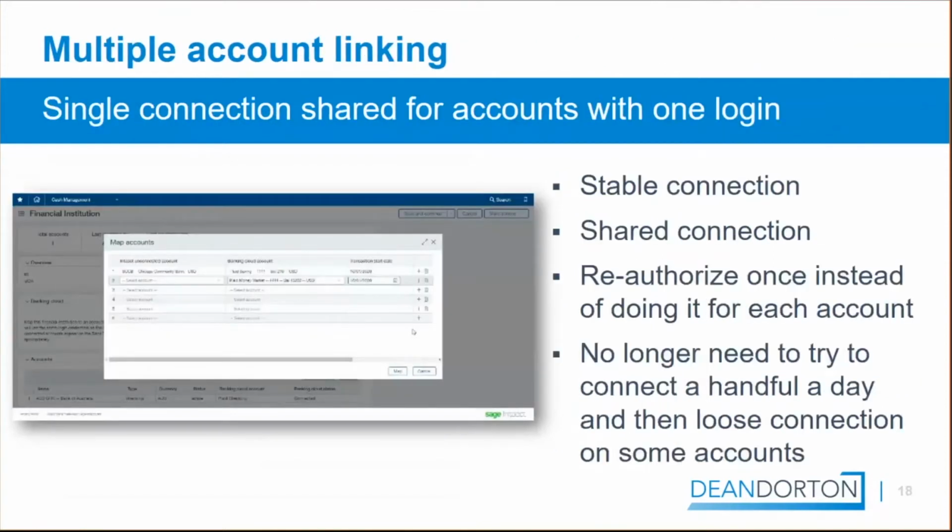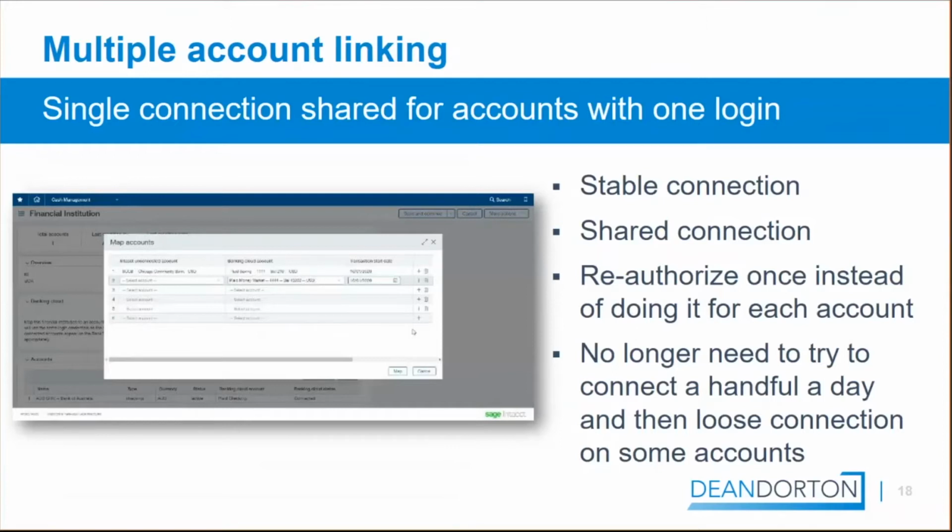Another great improvement, if you're using bank feeds, is multiple account linking. So say you have 5, 10 different bank accounts with a single bank, and you want to be able to link all your different accounts to your different cash accounts in Sage Intacct without having to go one by one. Well, they have now released that for you.